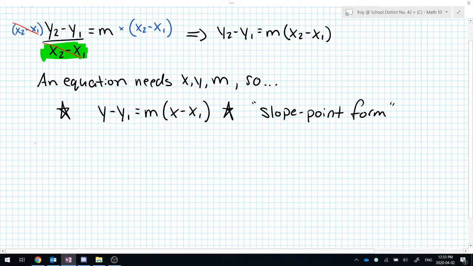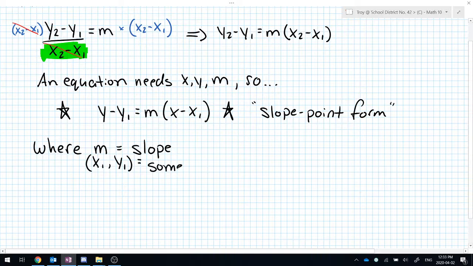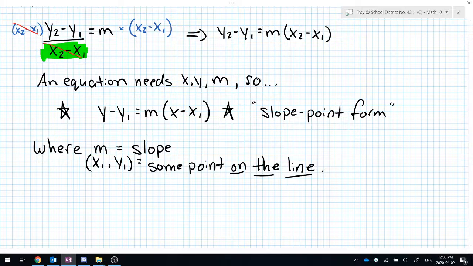Because, of course, m is our slope, as usual, and x1 and y1 are the coordinates for some point. But not just any point, some point on the line. Must be on the line.